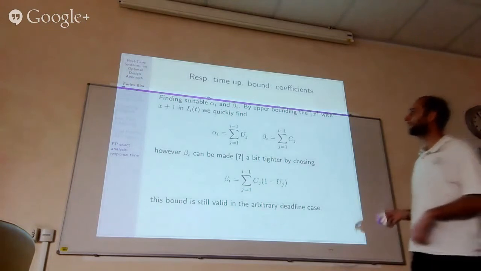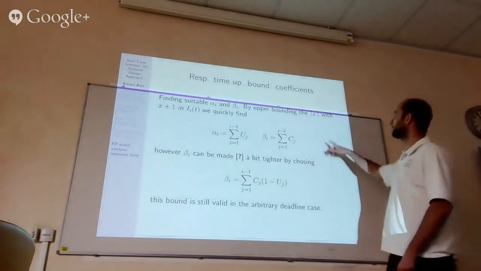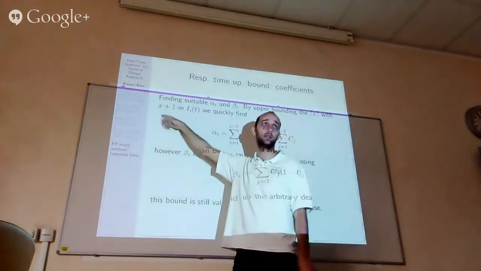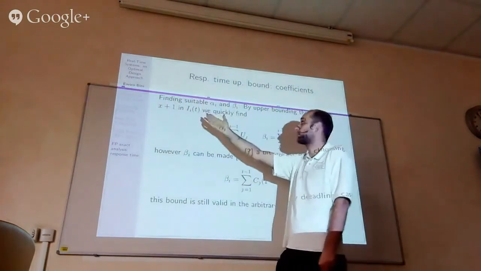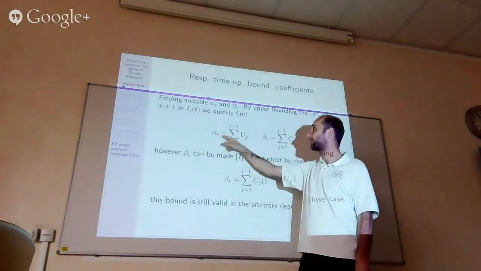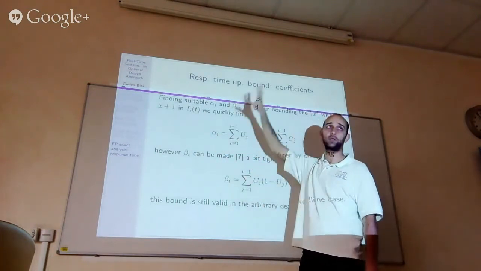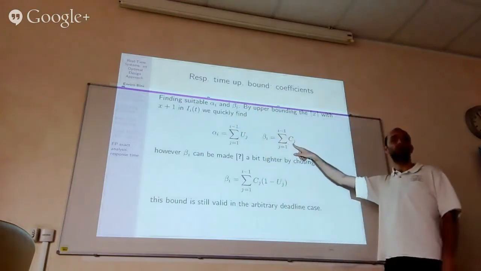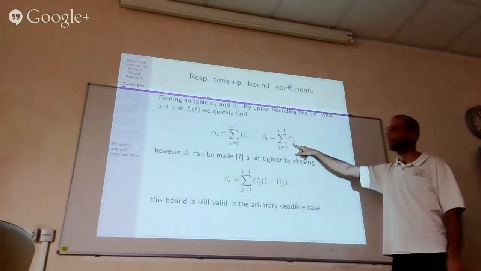Suitable upper bounds can be found, for example, by replacing the ceiling with x plus 1 in the interference. Very easy, right? If you do that, you basically find as alpha I the total utilization of the high priority tasks, and as beta I the sum of computation times of the high priority tasks.